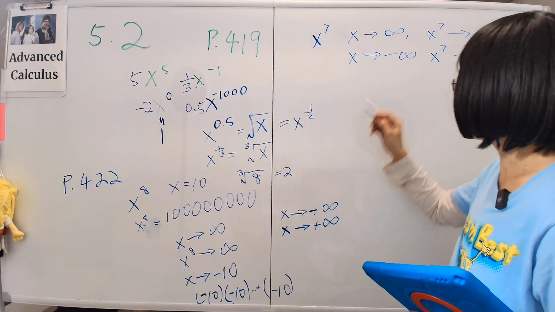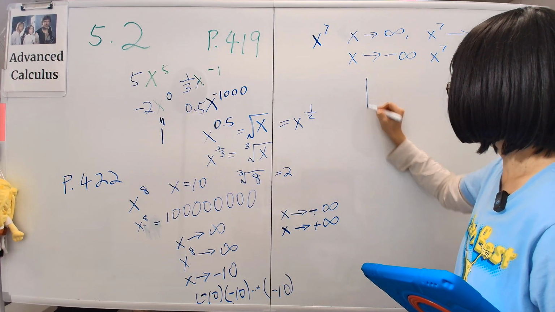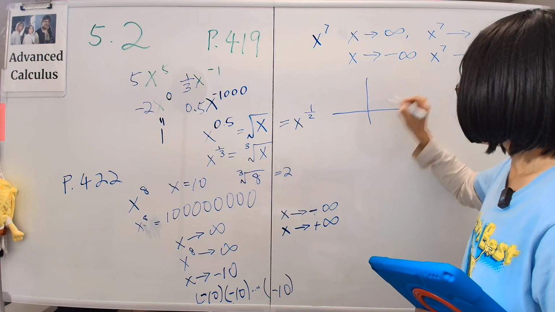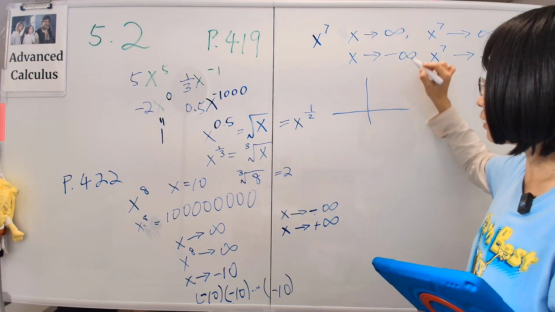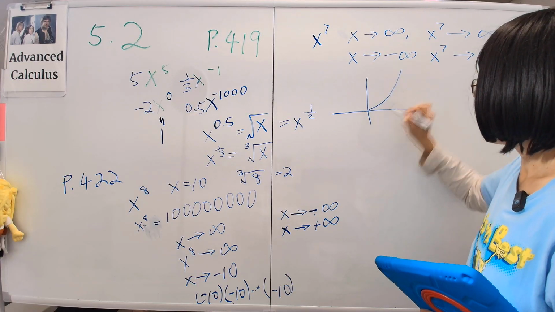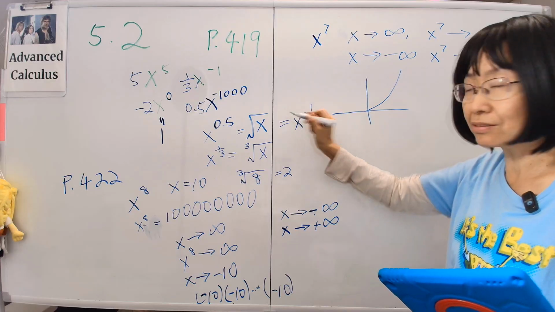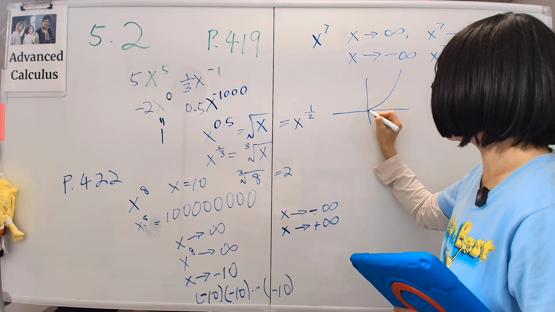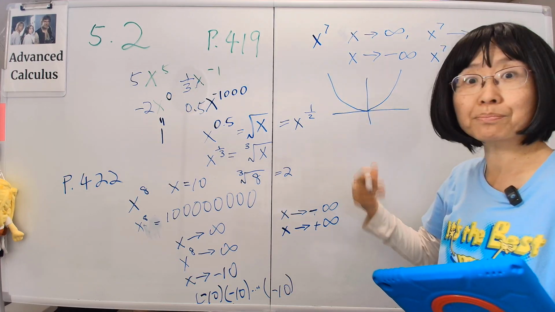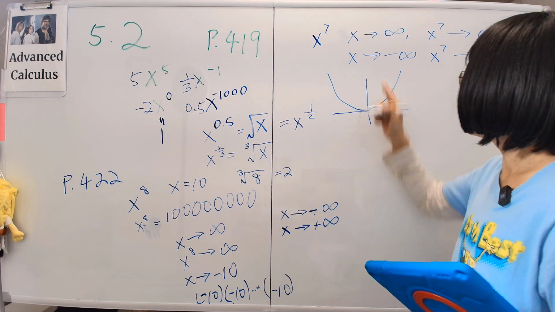Now to graph this, it will look something like this. For x to the power 8, when x is positive, the function goes positive. But when x is negative, going to negative infinity, the function is also positive. So it looks kind of like a bowl.